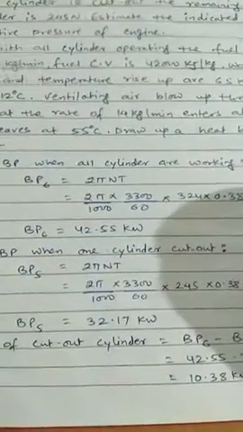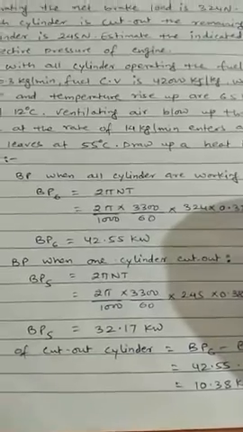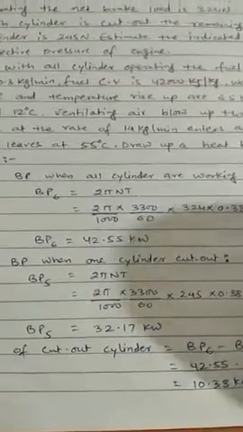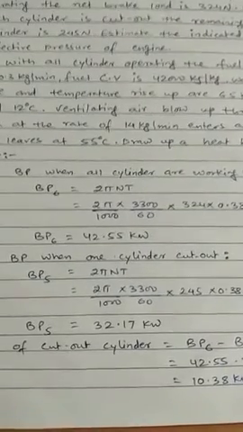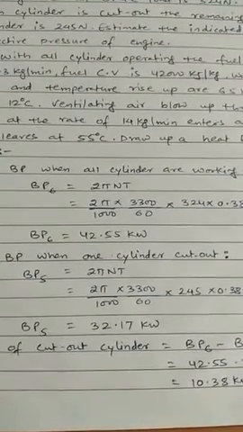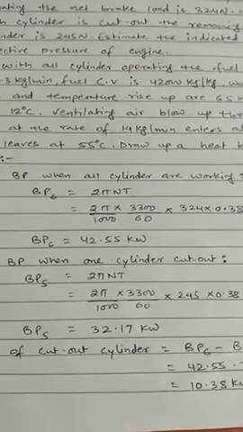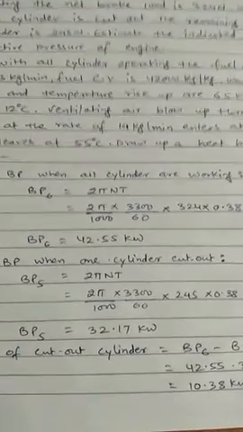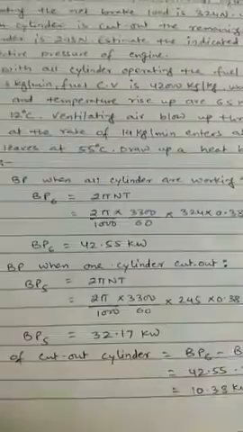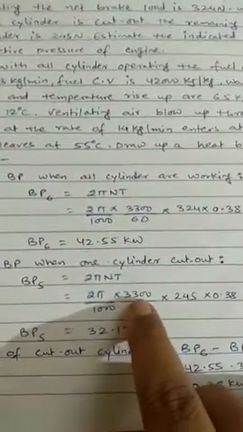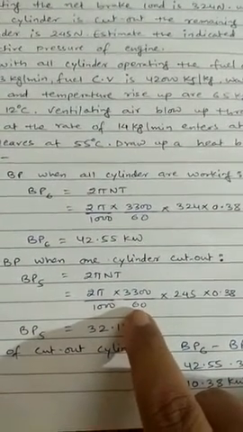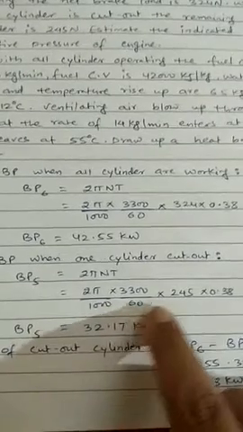After calculating this, BP of 6 cylinders is found to be 42.55 kilowatt. After that, we cut off one cylinder and find the BP of the remaining 5 cylinders. The BP formula is the same, 2 pi NT. Putting all the values, 2 pi N is 3300, converting RPM into RPS by dividing by 60.